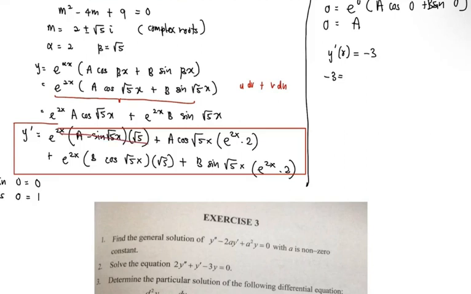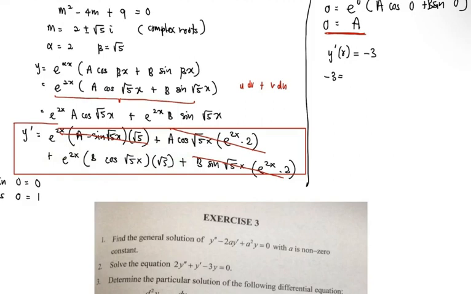Here also I get sin 0, which is 0, so this one is already cancelled out. From this, a equal to 0, so this one also cancels. Now only this one remains.